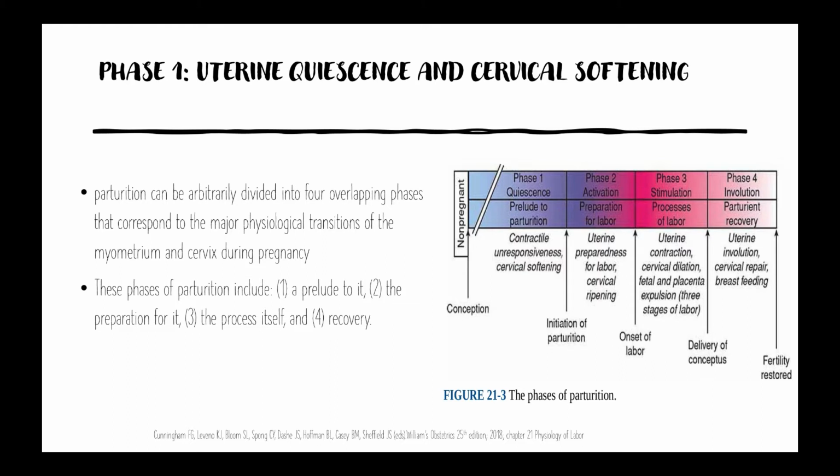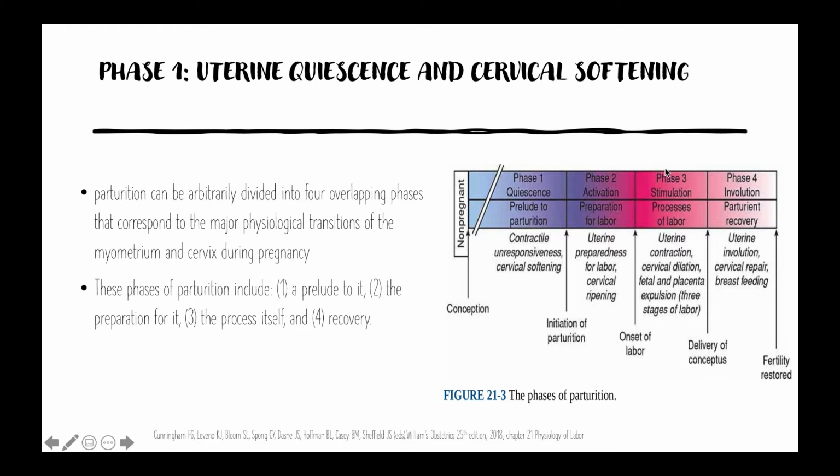Parturition can be arbitrarily divided into 4 overlapping phases that correspond to the major physiological transitions of the myometrium and cervix during pregnancy. So these phases of parturition include, number 1, a prelude to it, so this one, phase 1, or 2, or phase 2, the preparation for it.